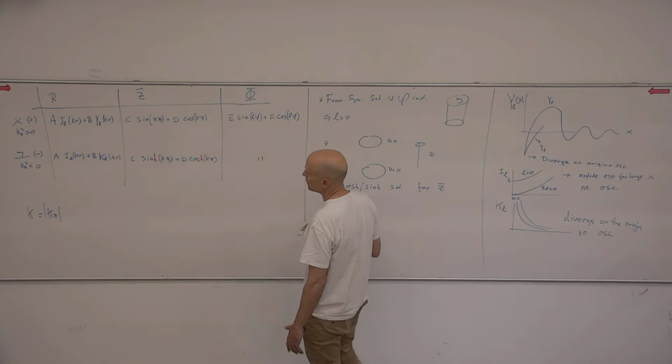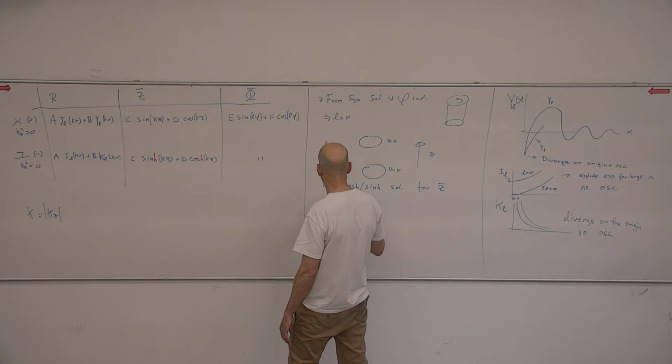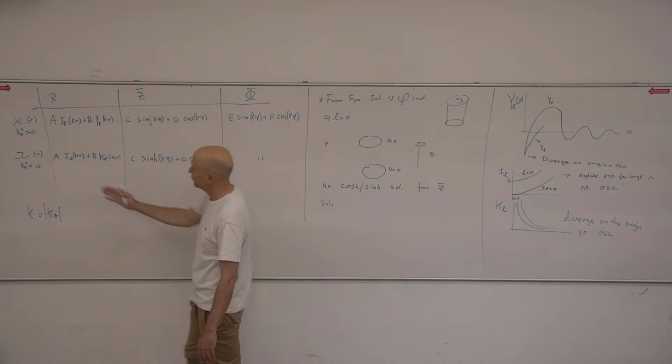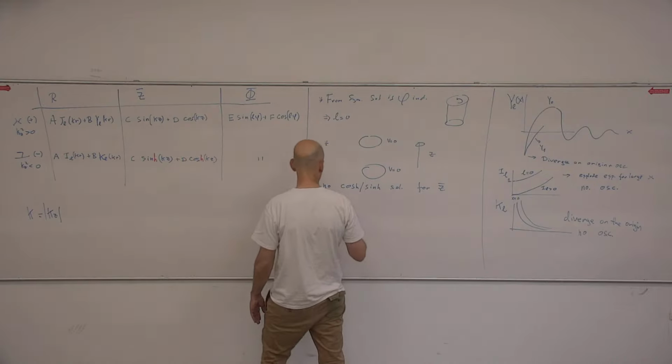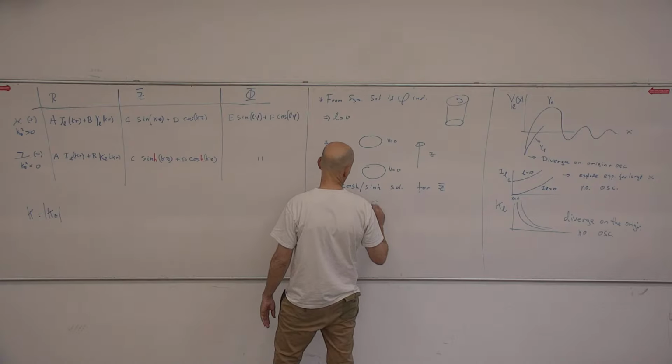And it also means if there are no cosh, then the solution is of the type A sinh.